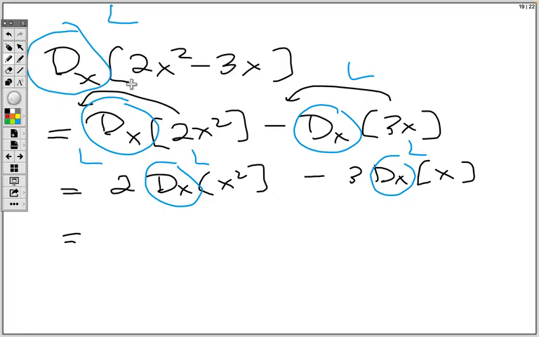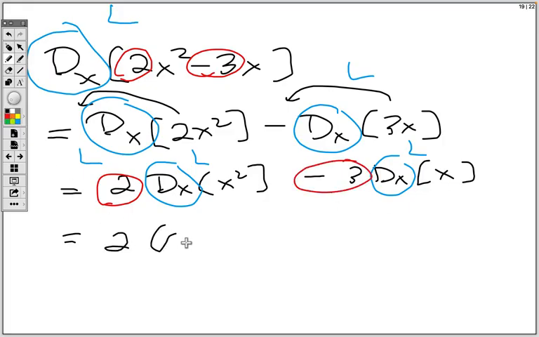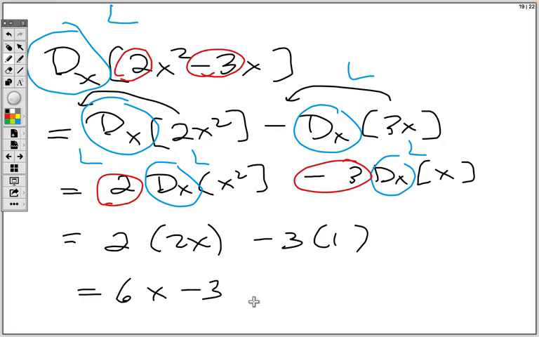So the derivative of 2x squared minus 3x is the same as 2 times the derivative of x squared minus 3 times the derivative of x. And so the derivative is a linear operator, or a linear transformation. Okay? So the derivative is an example of a linear transformation, or more generally a linear operator.